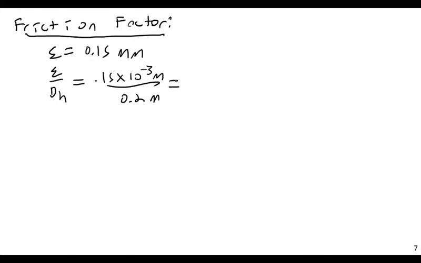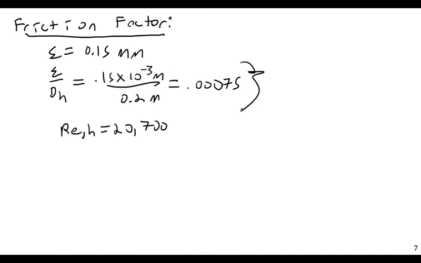And this will then come to 0.00075. If we combine this with the Reynolds number, equal to 20,700, and input both of these into our Moody chart, I get that the friction factor is approximately equal to 0.027.